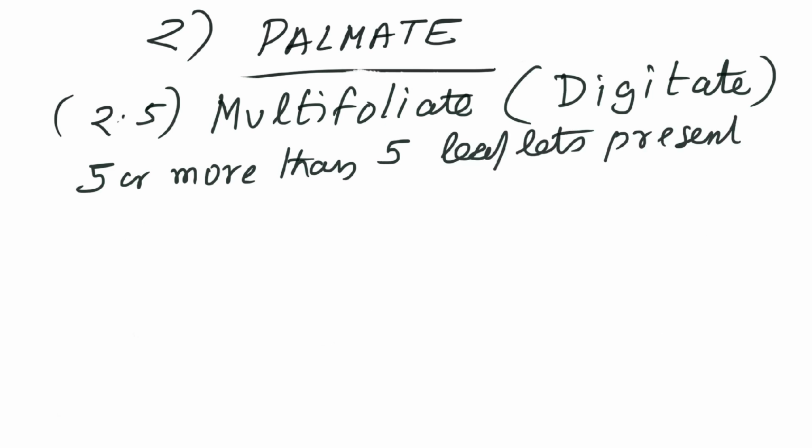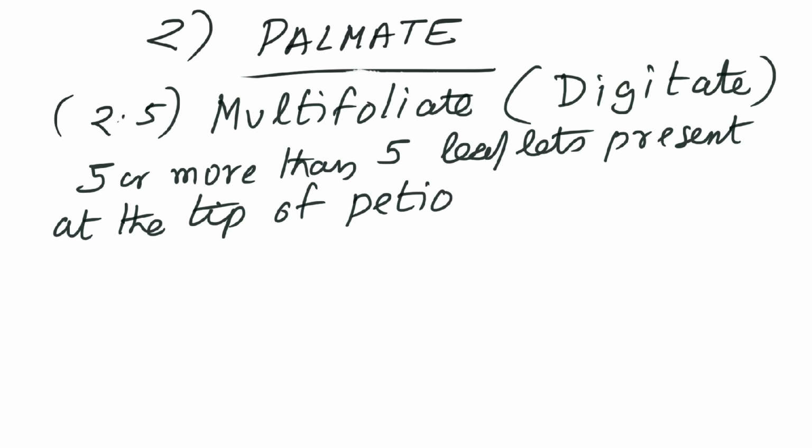That's a key point. A very well-known example is Bombax, which is commonly called the red silk cotton. Vernacularly it is called semal. Another notable example is Cleome.